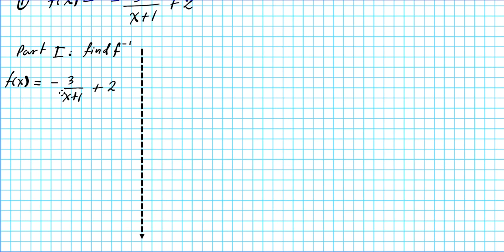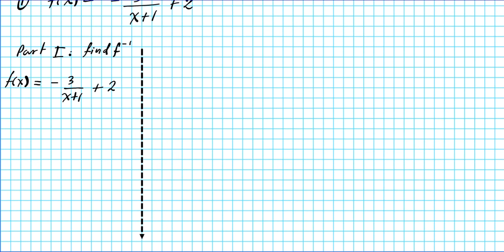So when we're finding the inverse, what we are simply going to do is switch and solve. We're going to switch the output function with the input, and the input will switch with the output. Okay, so let's go ahead and carry out the switch process.